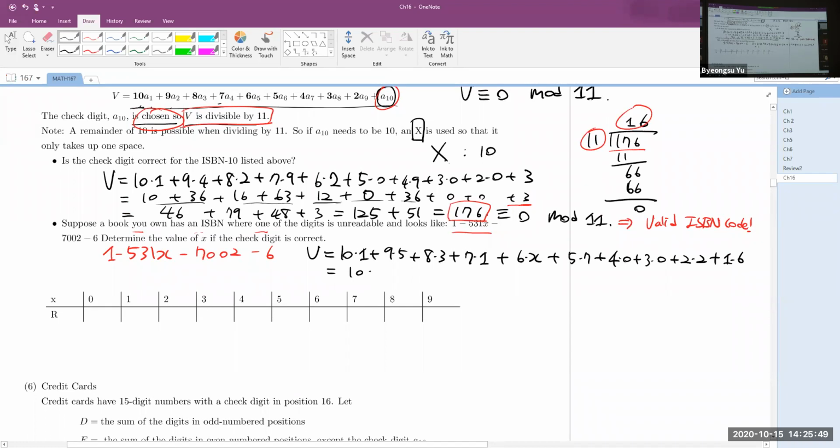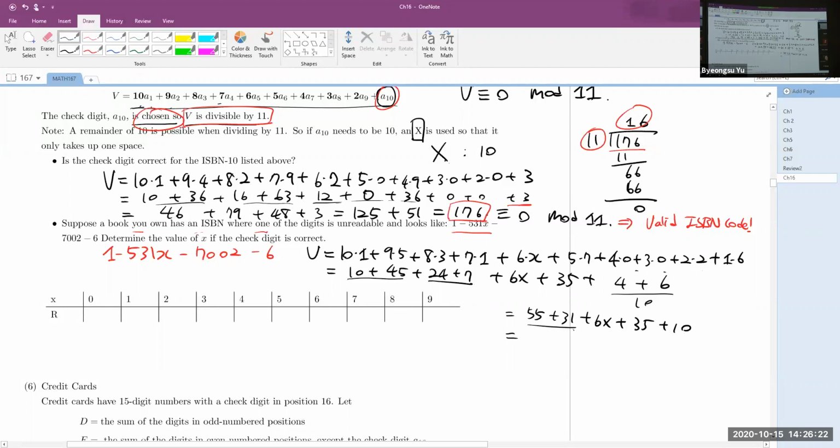This is 10 plus 45 plus 24 plus 7 plus 6x plus 35 plus 0, 0, 4 plus 6. So 4 plus 6 is 10, 10 plus 45 is 55, and 24 plus 7 is 31.